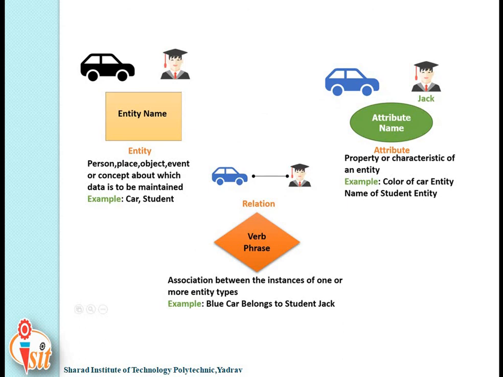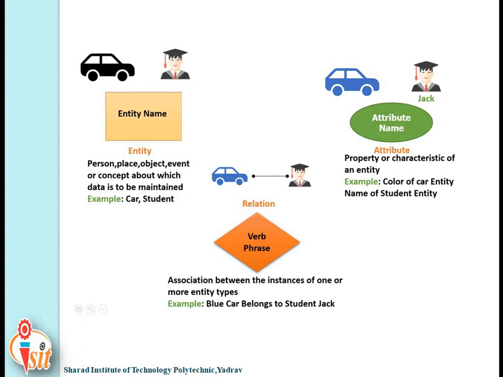Now here you can see the real-time example of entity, attribute and relation. Entity: here one car and one student are there. That is, a person, place, object, event or concept about which data is to be maintained is known as an entity.